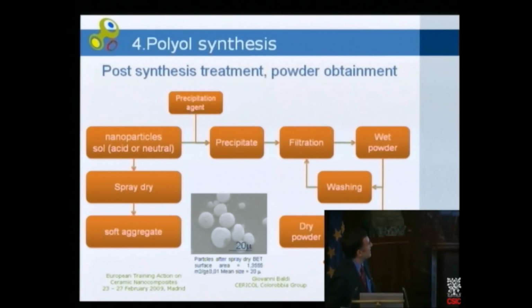The problem is, yes, we obtain dry powder, but hard aggregates are obtained. It's not so good for industry and for us. So the best way is to obtain a soft aggregate by a spray dry approach. As you can see in this picture, we can obtain aggregates of about 10-20 microns in size that can be easily dispersed in liquid media.